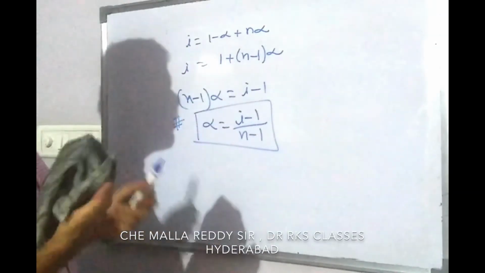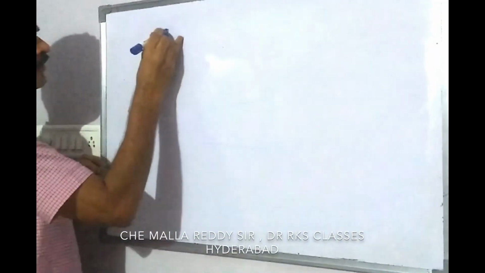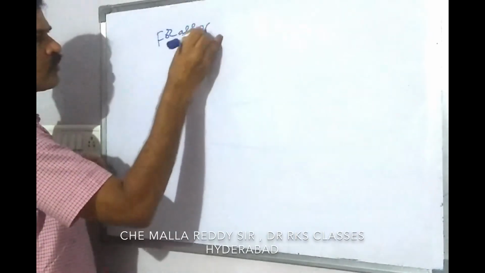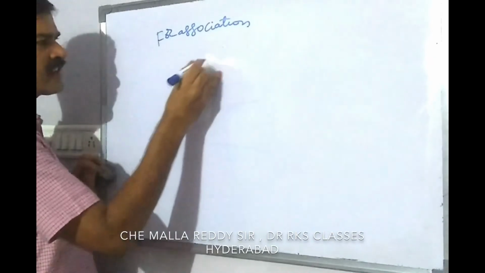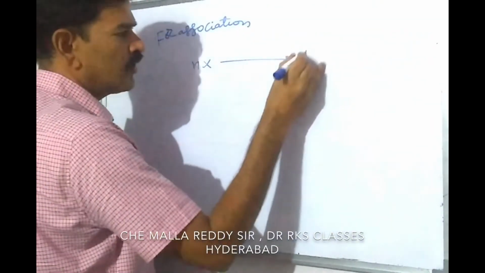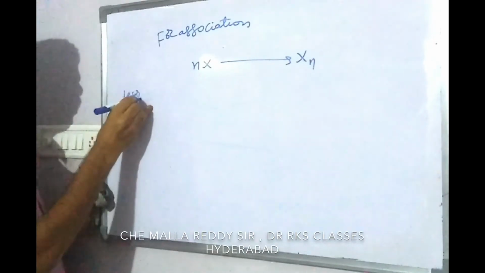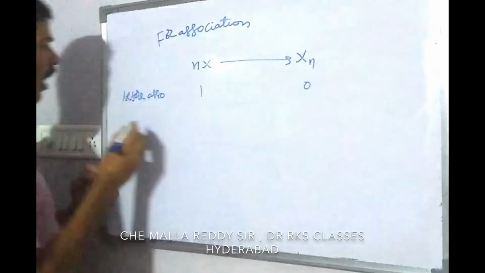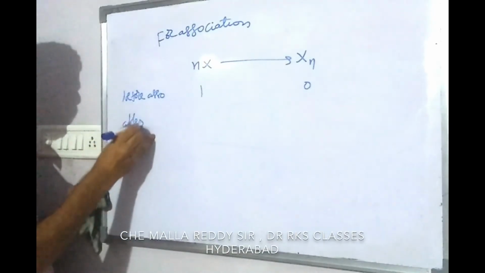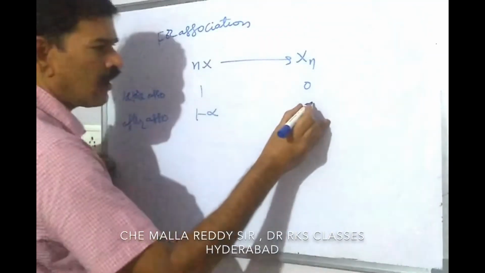For associated solute, what is the relation between degree of association and van't Hoff factor? For association, just observe here, nx is taken, it is converted into xn. Before association, here 1, here 0. After association, 1 minus alpha, here alpha by n.